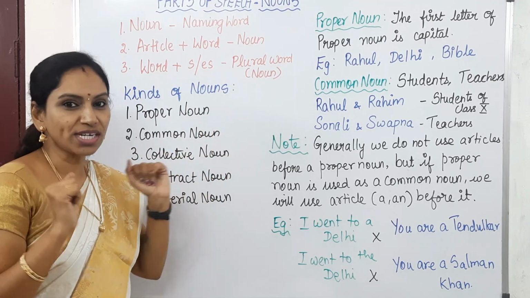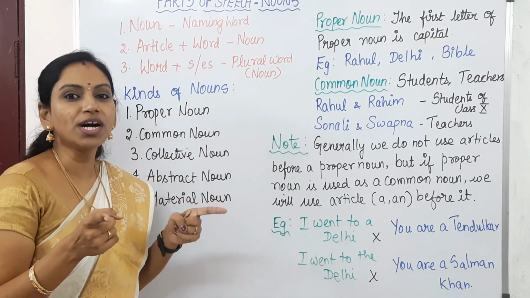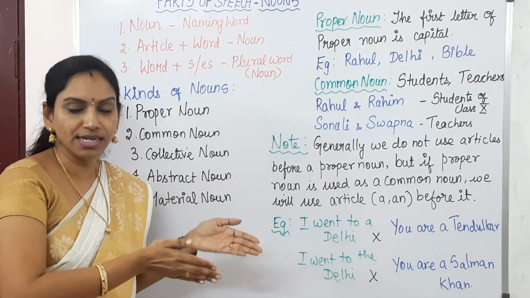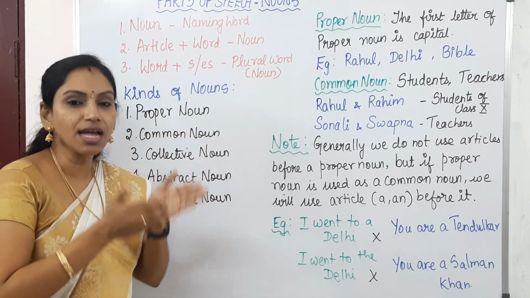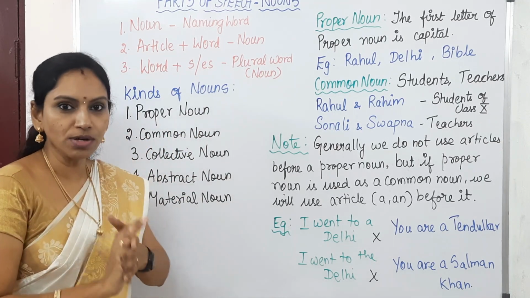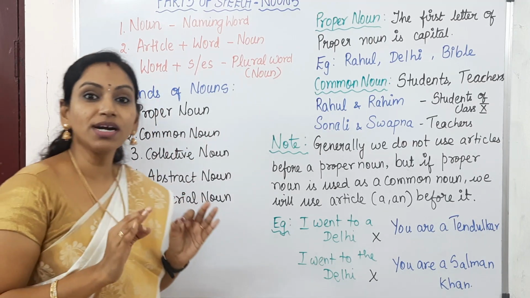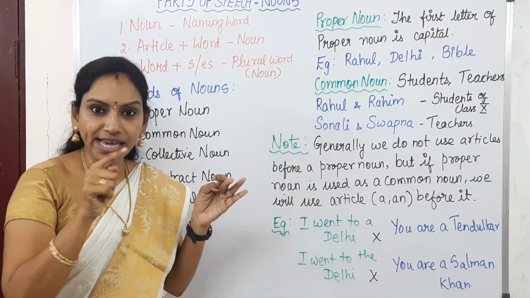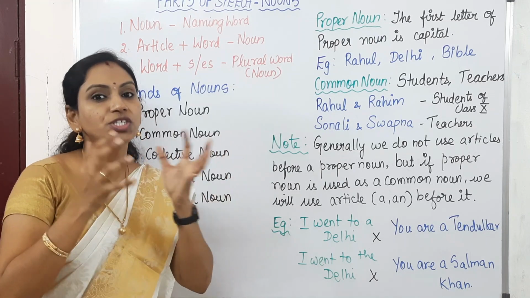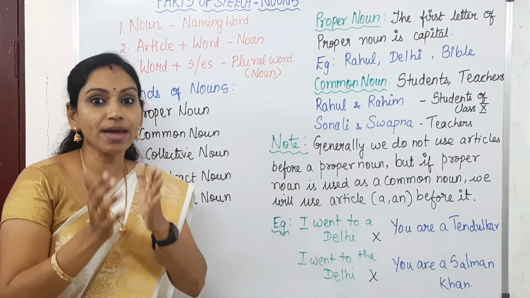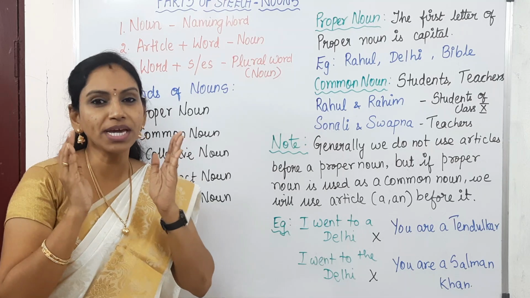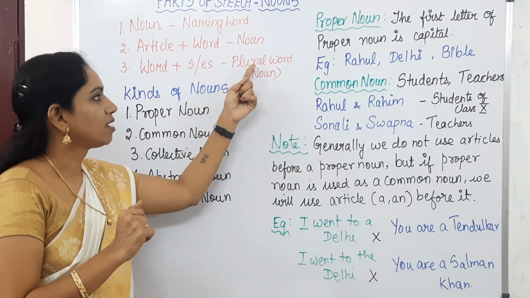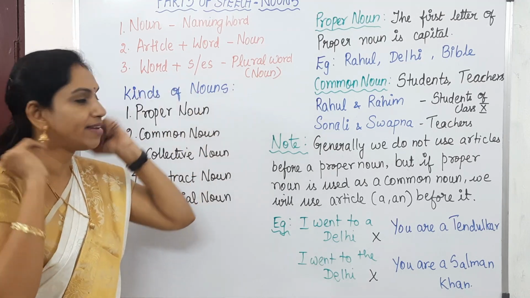Hope you understood what a noun is. A noun is a naming word. Any word which begins with an article, that is a, an and the, is also called a noun. And any word which has s or es as its suffix, bunches, grapes, can also be called a noun. Plural words are nouns.